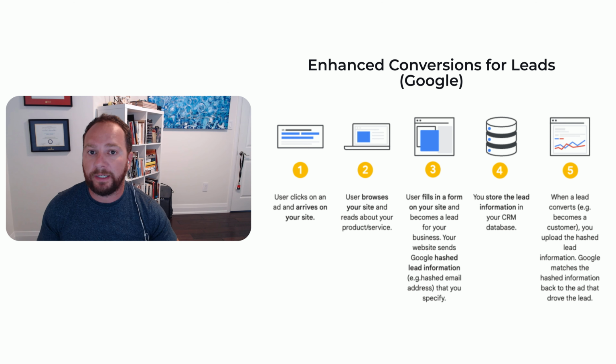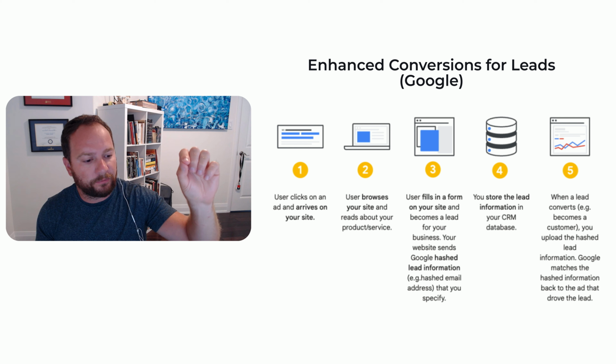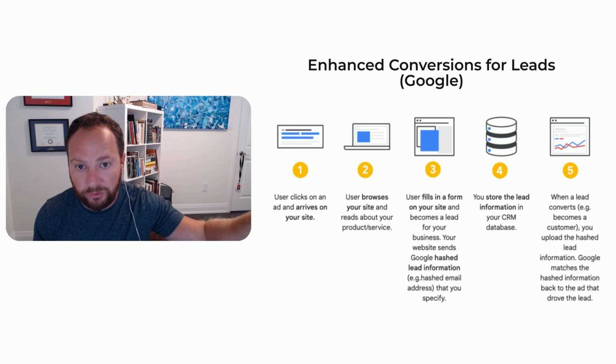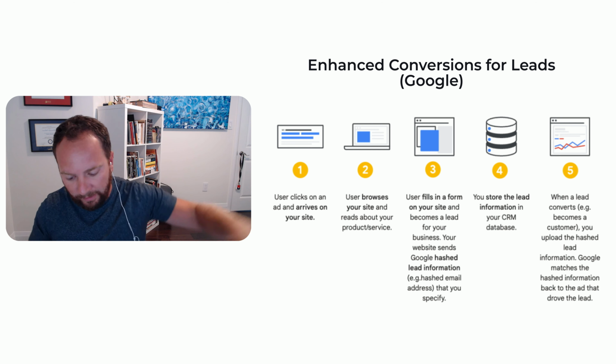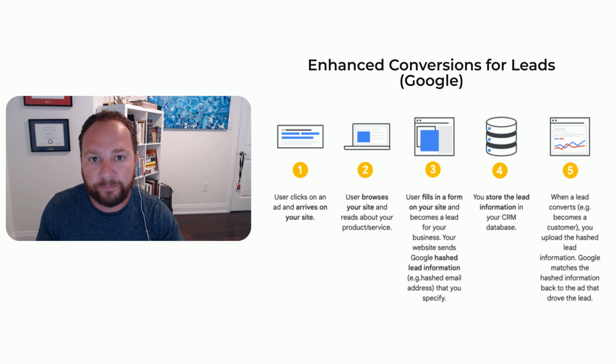This unique identifier, embedded in ad URLs, you'll see question mark GCLID equals, and then kind of an alphanumeric string, right? That would be something that identified a user that clicked on an ad, and then it would be appended to a query string parameter in a URL.